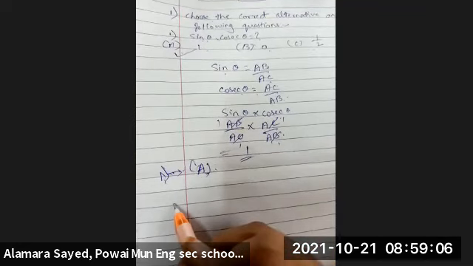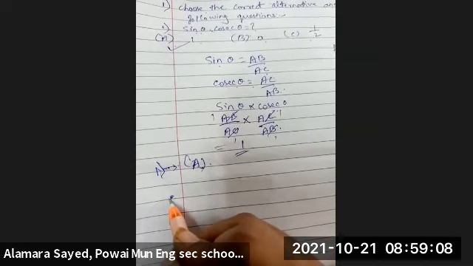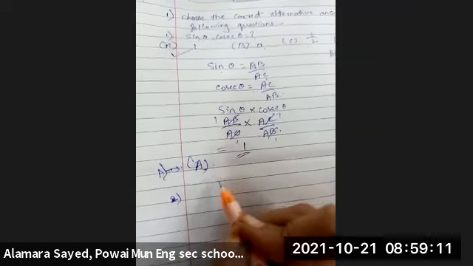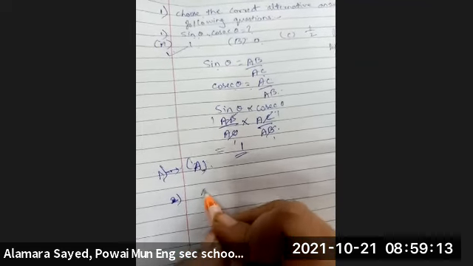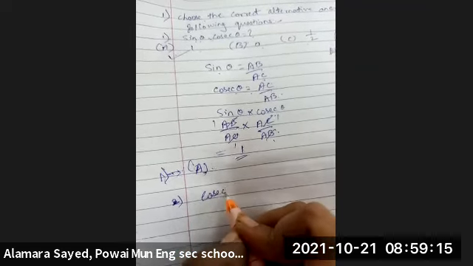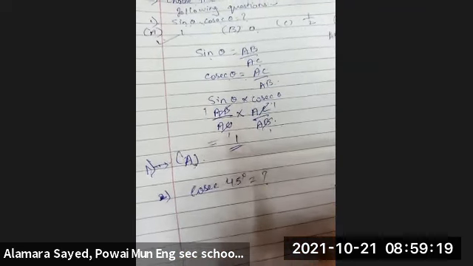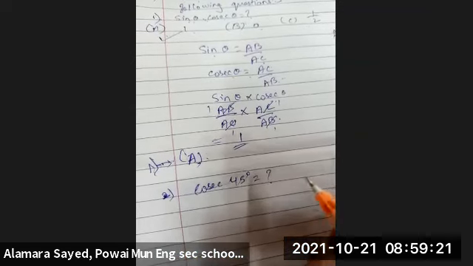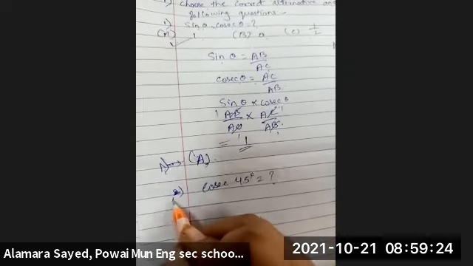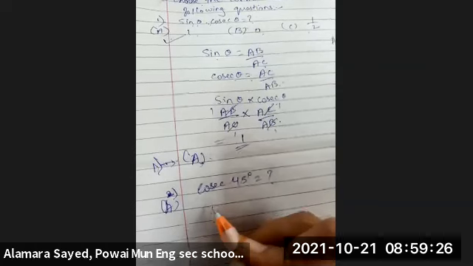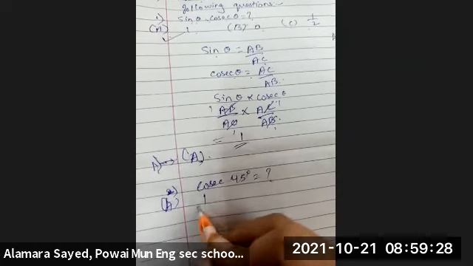Now we will see question number 2. Cosec 45 degree is equal to what? For finding answers like this, you can use the table method.